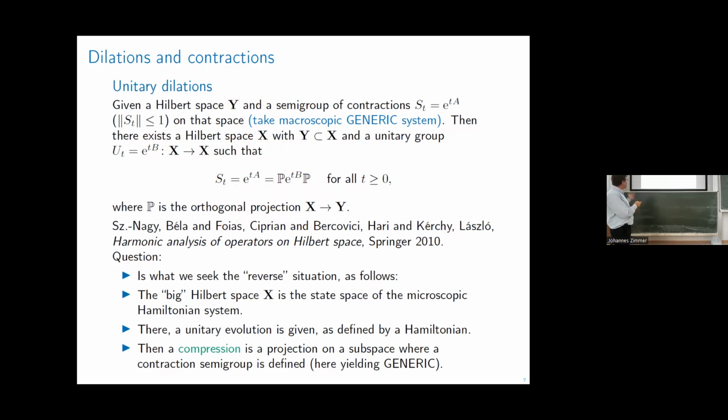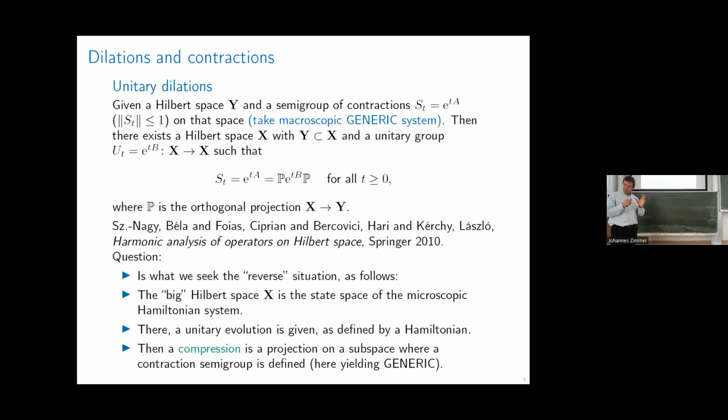That's a beautiful theory, where P is the orthogonal projection. P will appear often. That's a theory going back to Sz.-Nagy, Béla, and Foias, for example. So there are a number of works in this area.